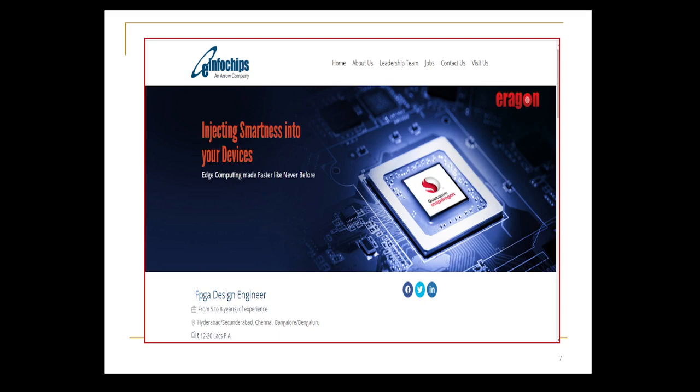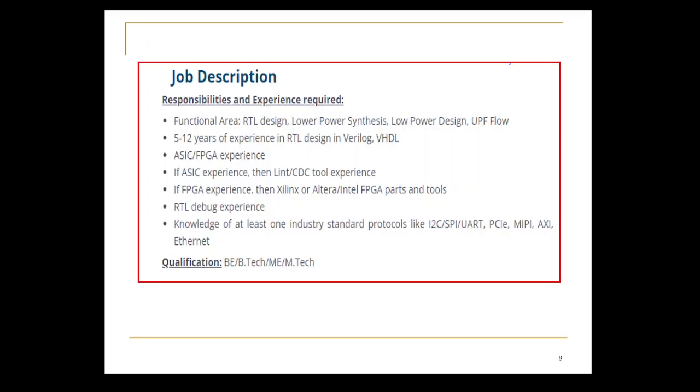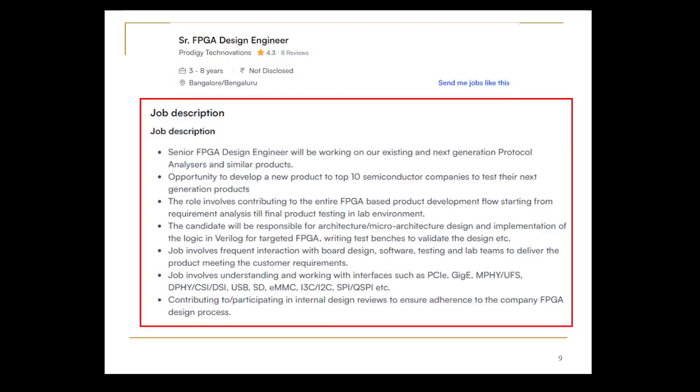So where are the opportunities in field programmable gate arrays? First, the designation FPGA design engineer from e-infochips. They require people with 5 to 8 years of experience, and they need skills in RTL design, register transfer level design, low power synthesis, low power design and UPF flow. A candidate needs to be good in Verilog and VHDL, ASIC (application specific integrated circuit) or FPGA experience, and RTL debug experience.